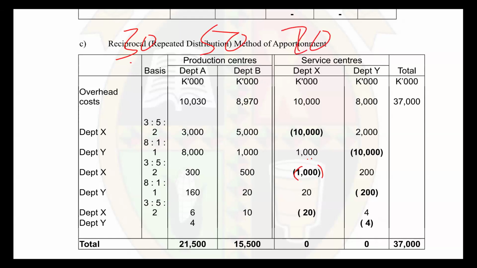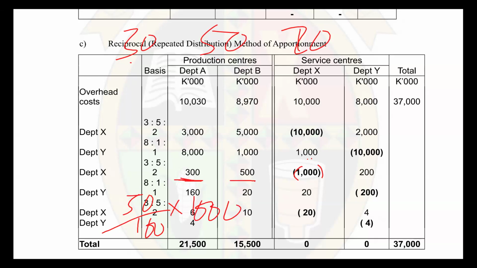So 30 for A over 100 times 1,000. What do you get? You get 300, yeah? Goes to A. Then 50 over 100, that is for B, times 1,000 gives us 500.